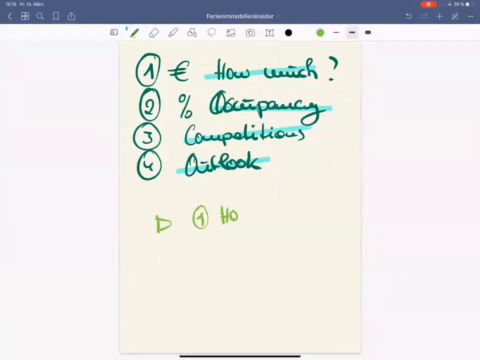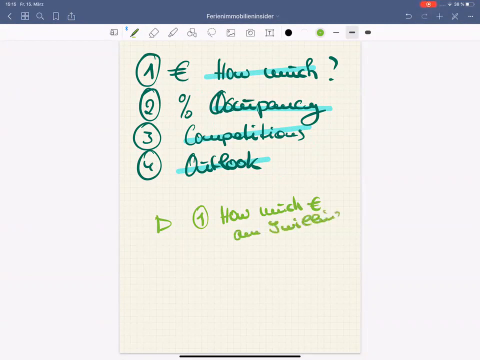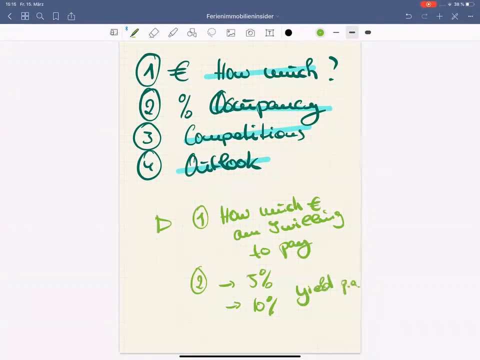My assumption is you buy a vacation rental not just for yourself, but also for investment purposes. So you can calculate how much money I am willing to pay when I buy a rental, assuming I go for a 5% or 10% yield per year.